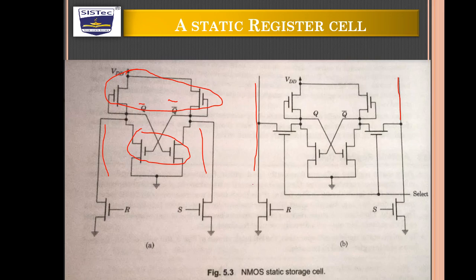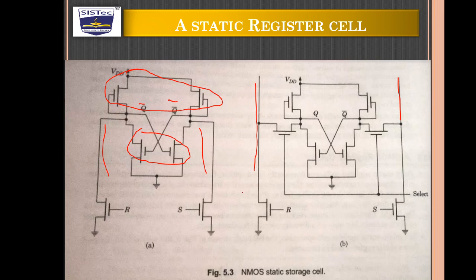Figure 5.3b completes the transformation by including pass transistors between the output of the cross-coupled inverter pair and the buses to the set and reset pull-down transistors. The pass transistors provide a way to isolate the register cell from the buses.